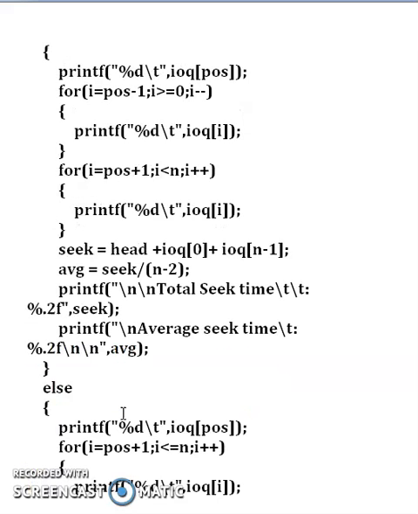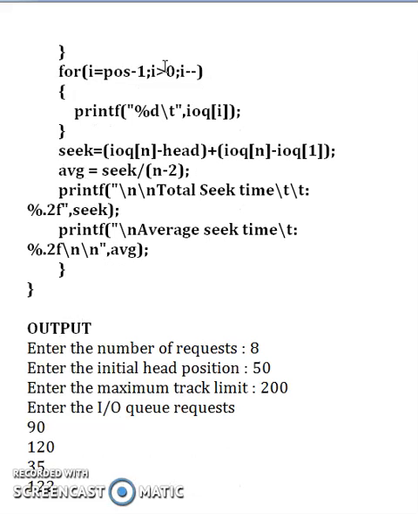The difference will be in the processing: here we have inserted the equal to, whereas in SCAN we didn't, because the left end of the disk need not be processed. For C-SCAN, you need to insert that equal to symbol so that it moves to the left end.